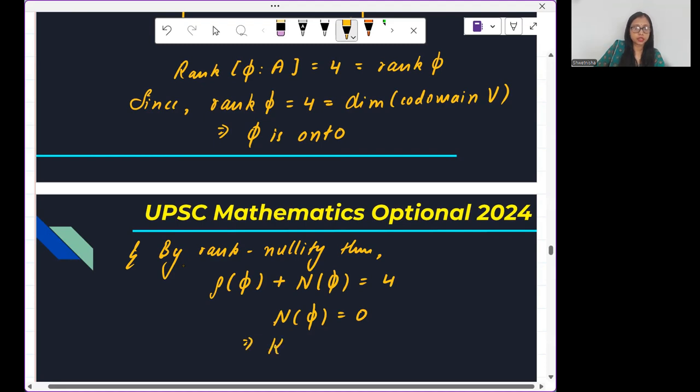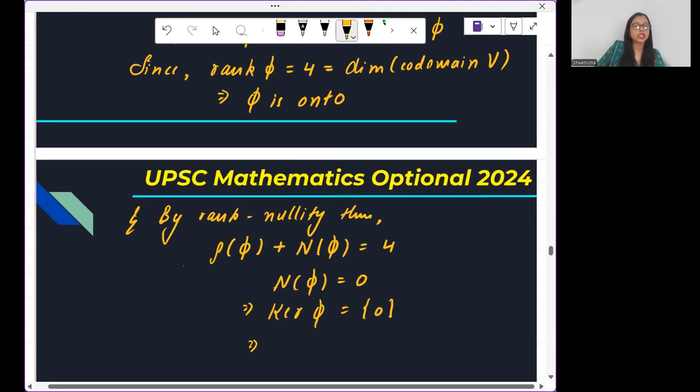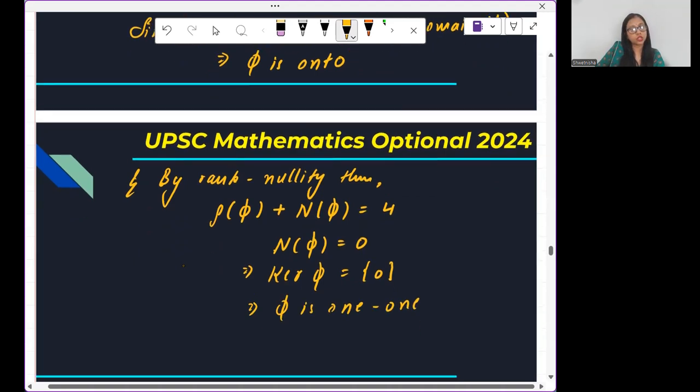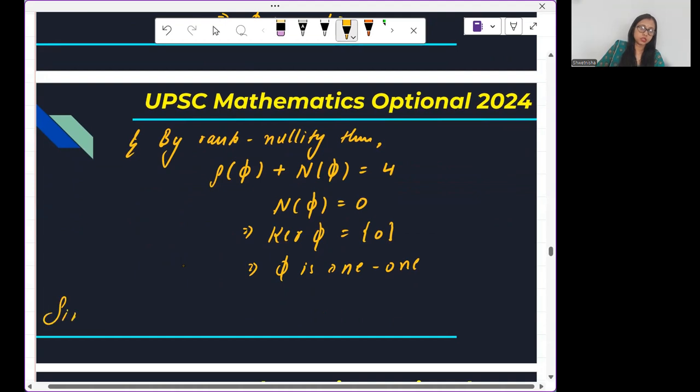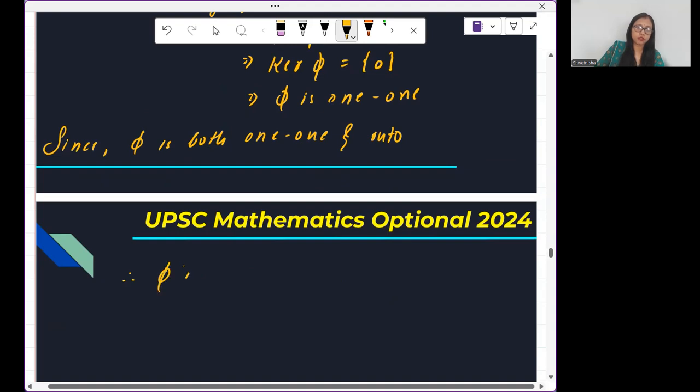It implies the kernel of phi is only the set containing 0. It implies phi is one-one. Since phi is both one-one and onto, therefore phi is invertible.